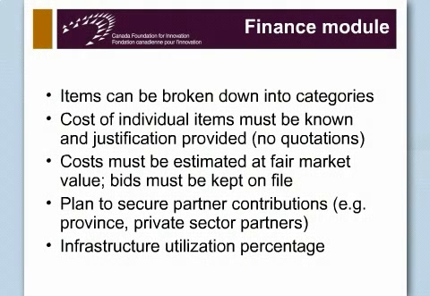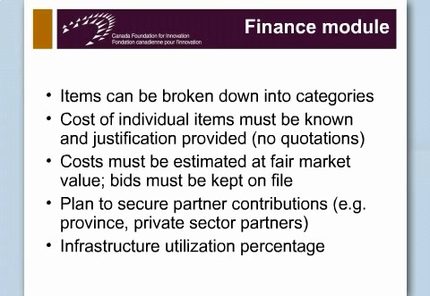As we will see a bit later, your shopping list can be broken down into different categories. The cost of individual items must be known, and you must provide a justification for them.